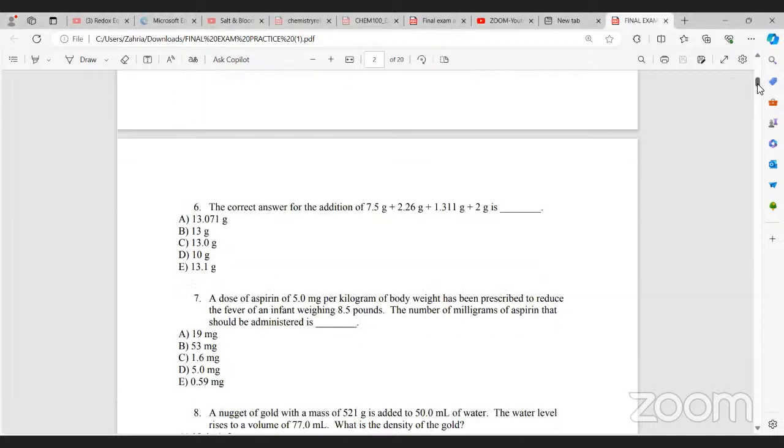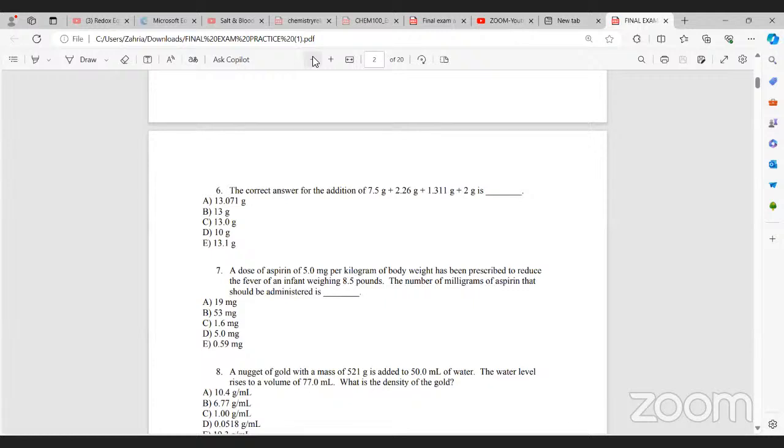So right here for number 6, it says the correct answer for the addition of, all right, so I'm going to show you the question. Let me zoom out a little bit so you all can see the entire problem. For number 6, you're adding 7.5 plus 2.26 plus 1.311 plus 2.